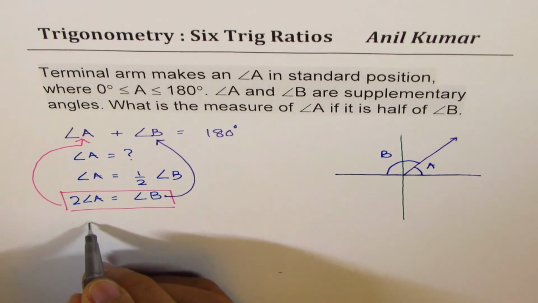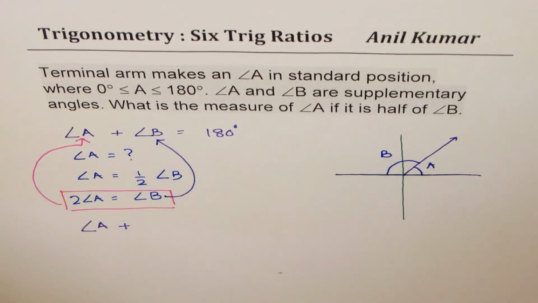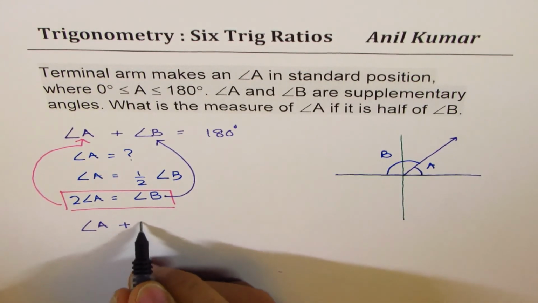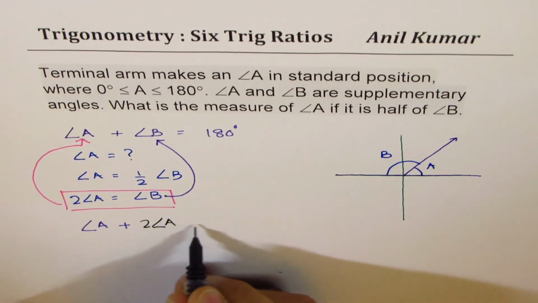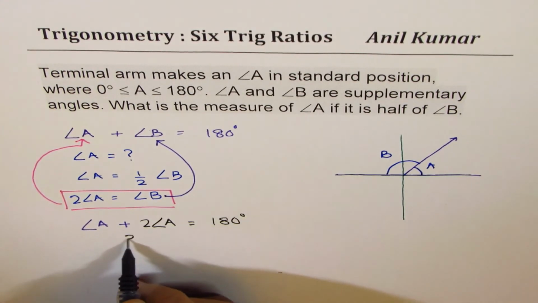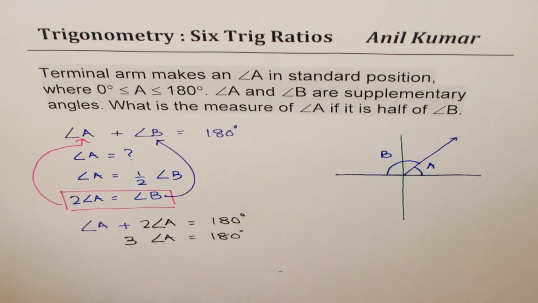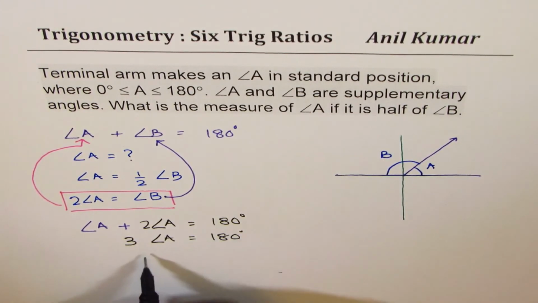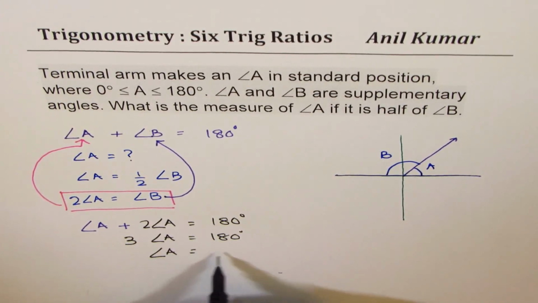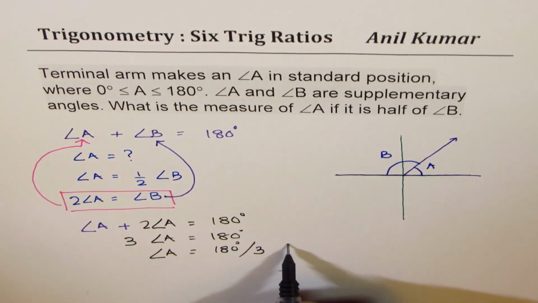So we'll write here angle A plus, instead of angle B, I'll substitute twice angle A. That should give us 180 degrees, right? So that means 3 times angle A is 180 degrees. And so we get angle A equal to 180 degrees divided by 3.